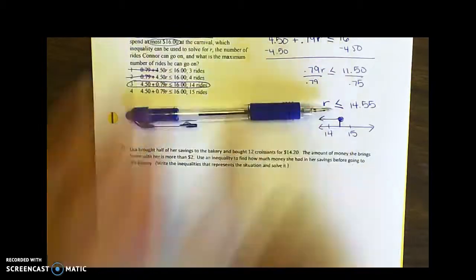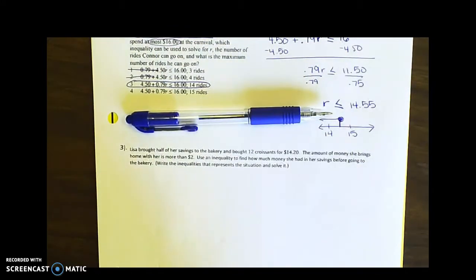So again, pencil down, let's read the question. Lisa brought half of her savings to the bakery and bought 12 croissants at $14.20. The amount of money she brings home with her is more than $2. Use an inequality to find how much money she had in her savings before going to the bakery.